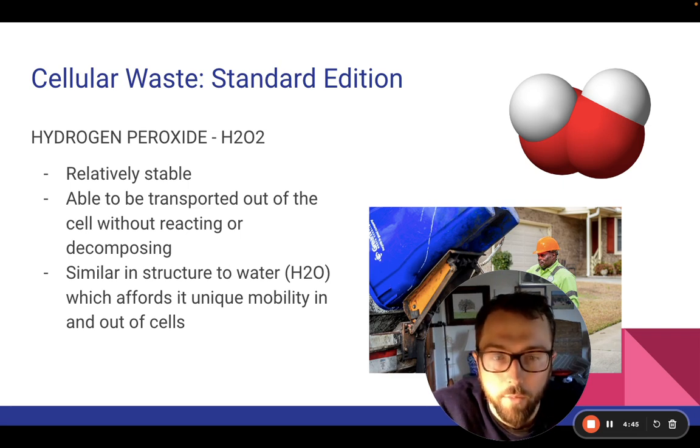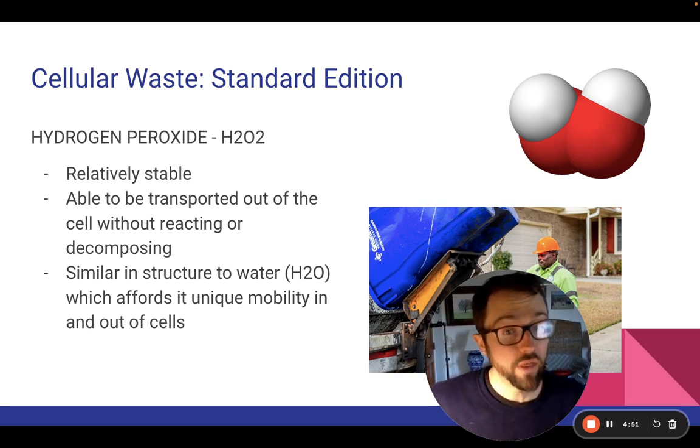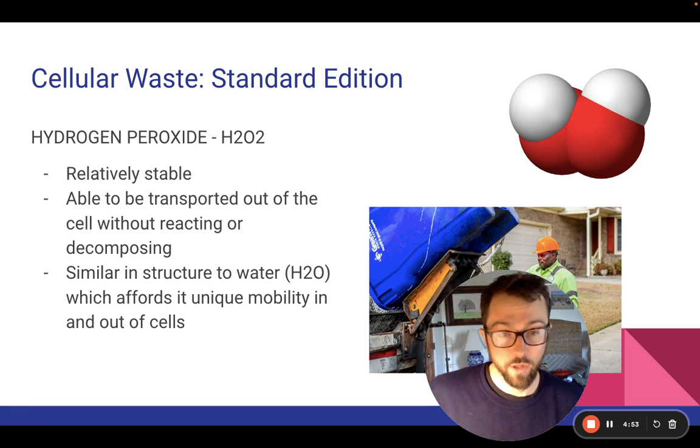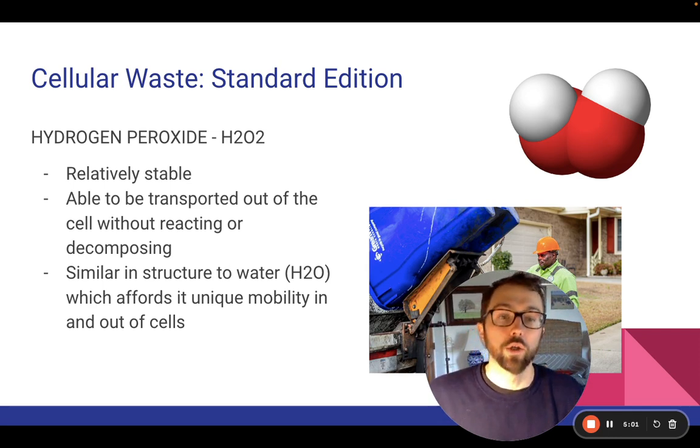But our body is incredible because, yes, hydrogen peroxide is a reactive oxygen species, which when we think of that, we think of oxidative stress and we think of inflammation. But hydrogen peroxide is the gentler version of ROS. So H2O2 is relatively stable, meaning that it's less likely to react with random things as it's being transported out of the cell.